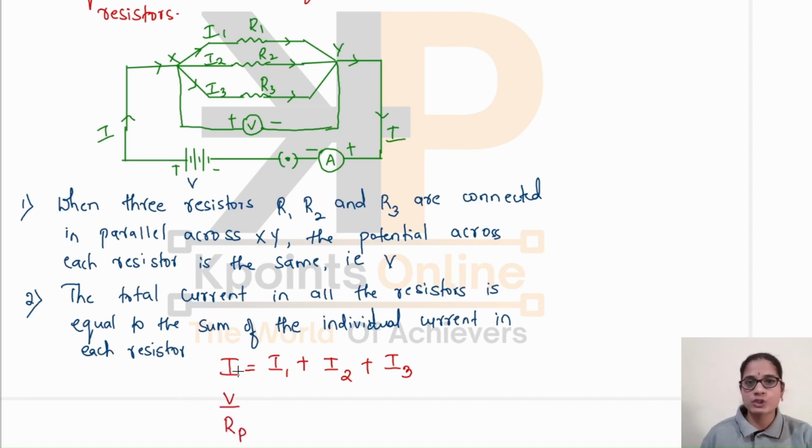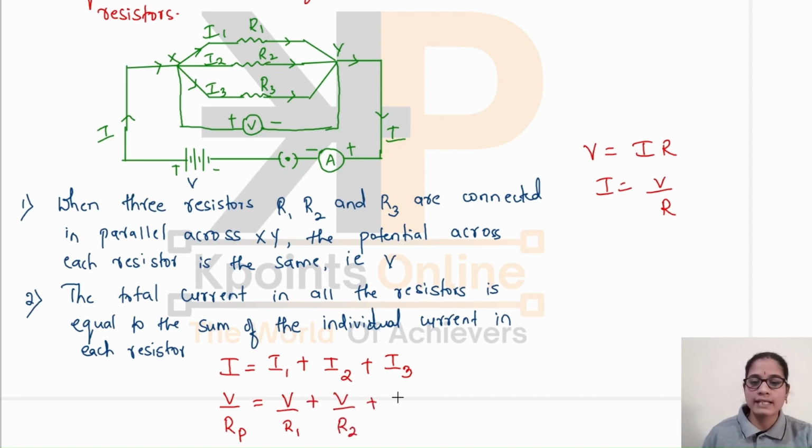We know that Ohm's law says V is equal to IR, such that I is equal to V upon R. So applying this formula, I1 is equal to V by R1. We know that the voltage is the same across each resistor, so we take only V for all the resistors. Then I2 is equal to V upon R2, and I3 is equal to V upon R3.